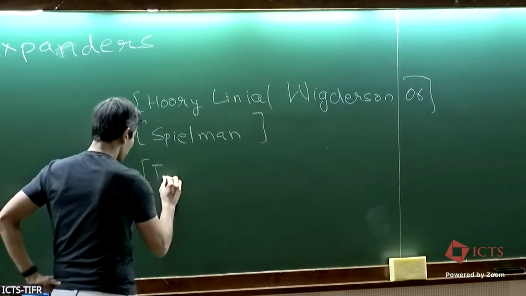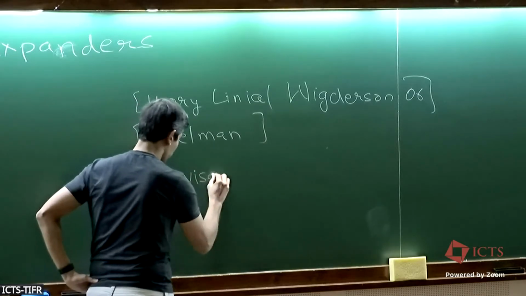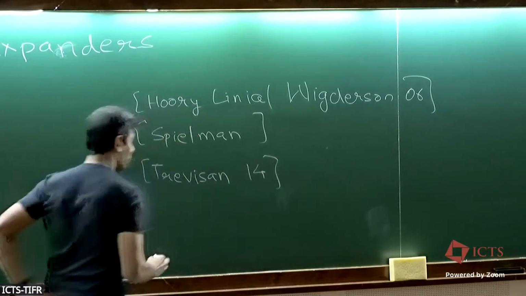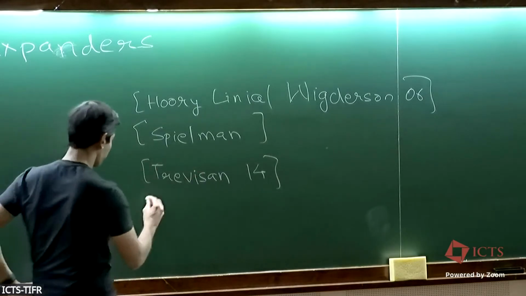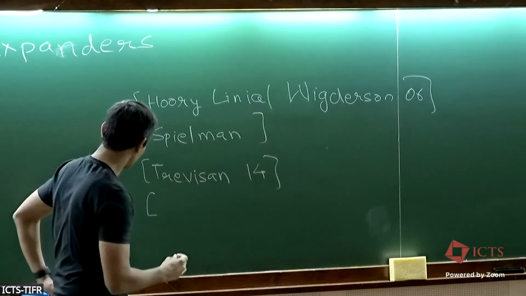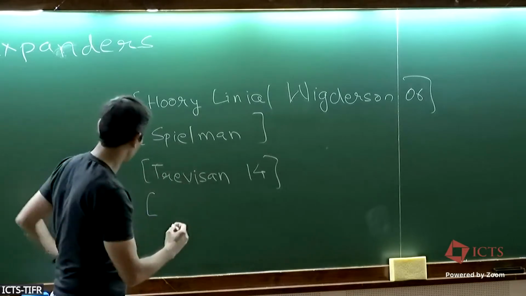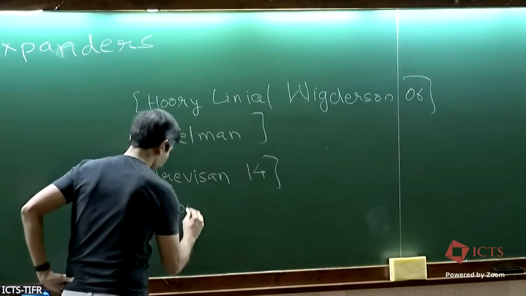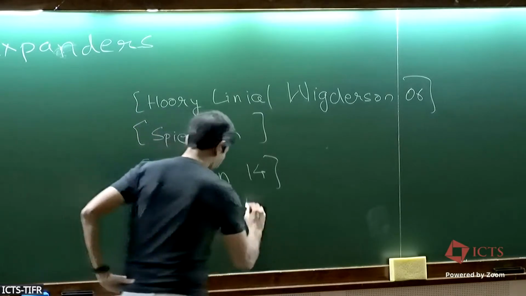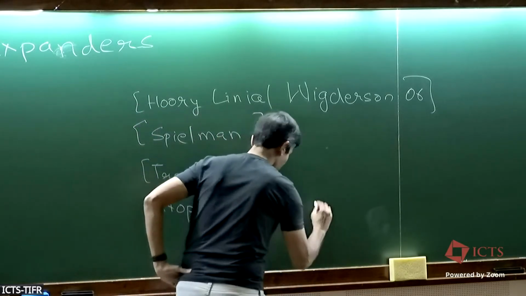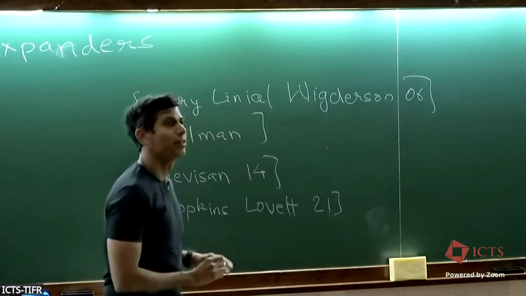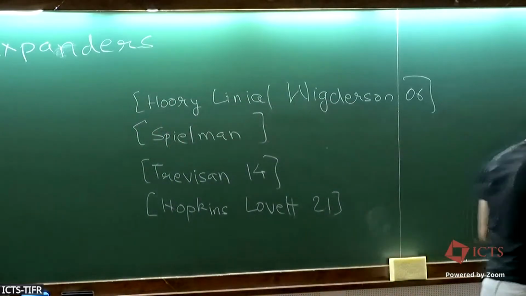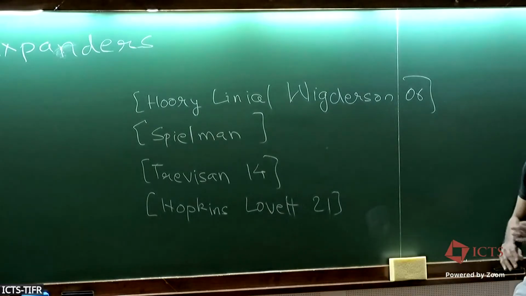There is a set of notes by Luca Trevisan from 2014, I think. I mean, there are a few iterations. And there's also a recent course on low and high-dimensional expanders by Max and Shachar Lovett, 2021, I think.